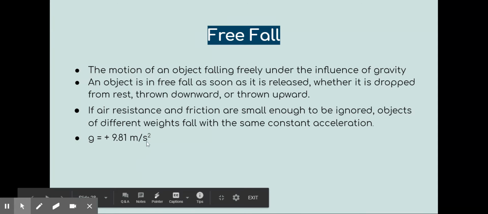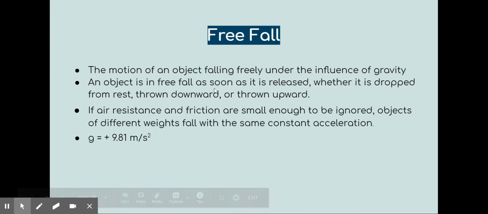And that meter per second squared indicates acceleration. So the moment an object is released, we say it goes into free fall. And that just means it's only being acted upon by the force of gravity. So we are assuming that friction and air resistance are negligible.